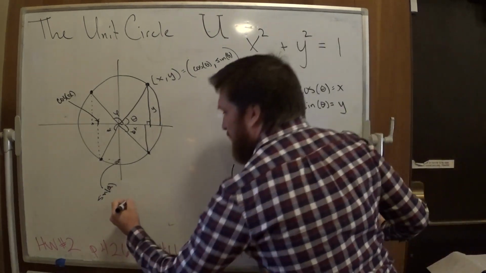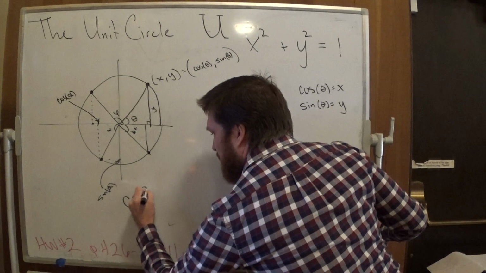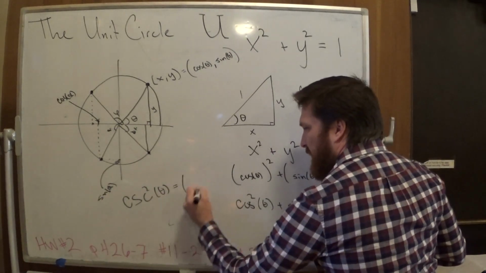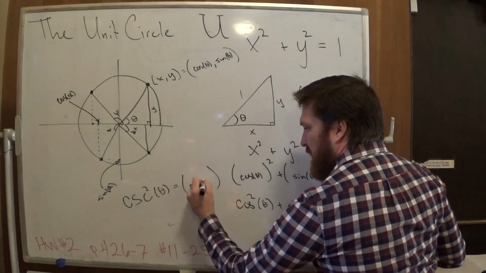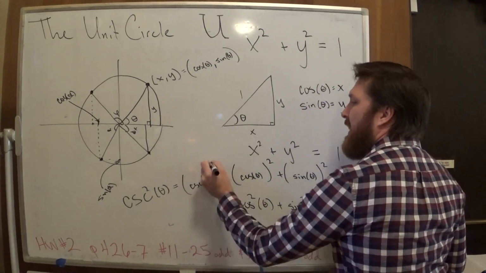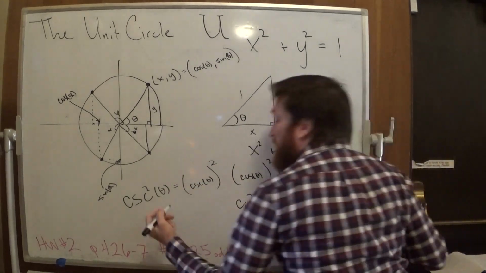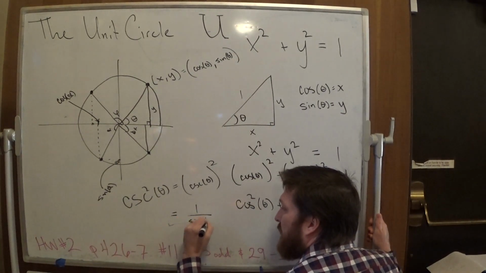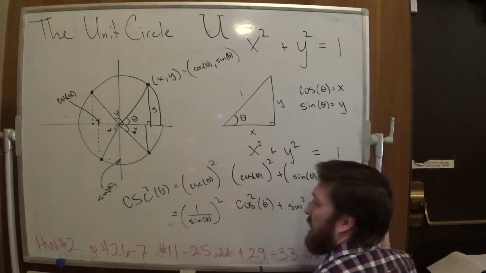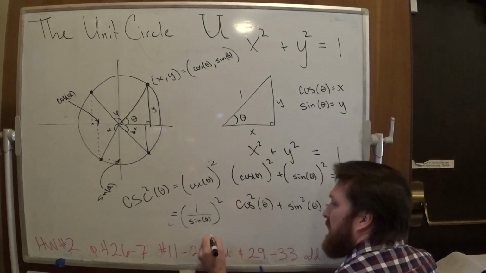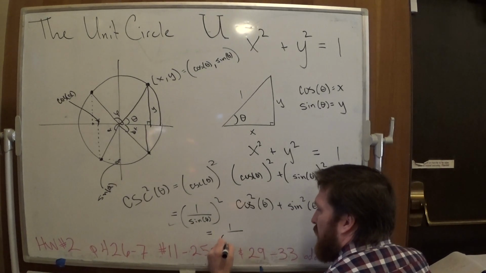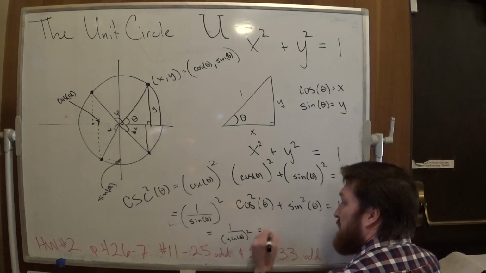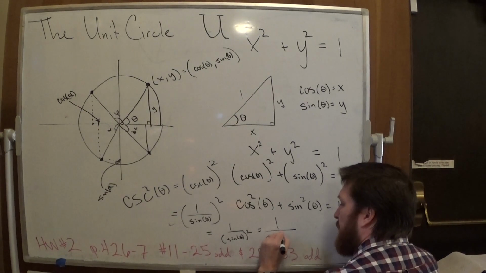So for instance, if you see cosecant squared theta, that means you take whatever cosecant of theta is, and then you square it. Which happens to be the same thing as 1 over sine theta quantity squared, which is the same thing as 1 over sine squared theta.